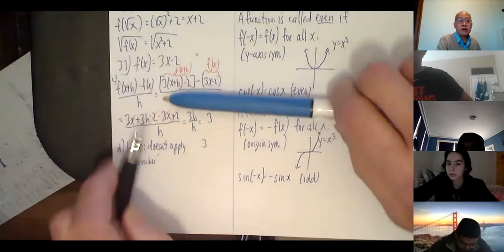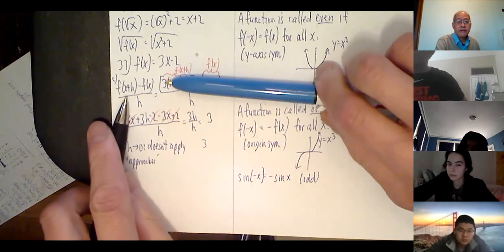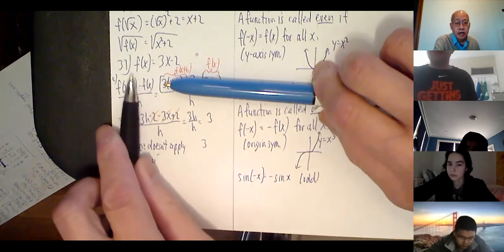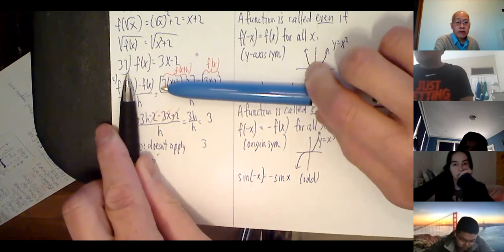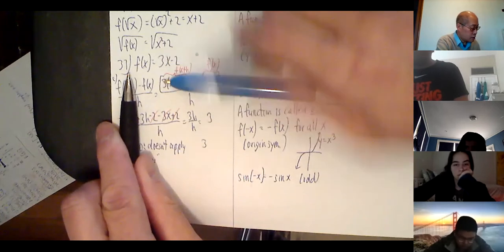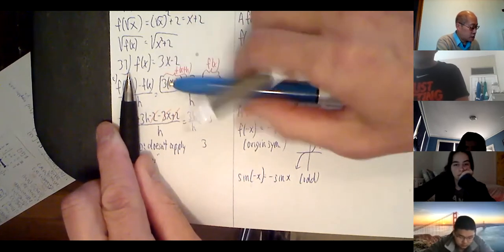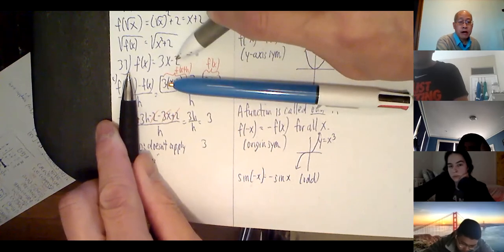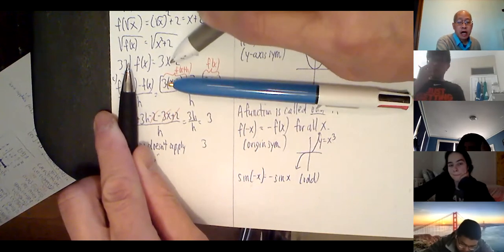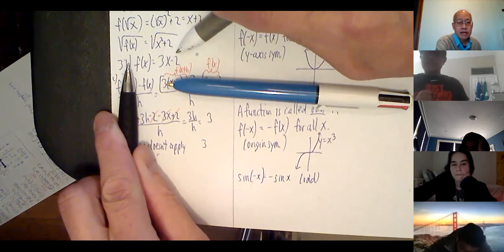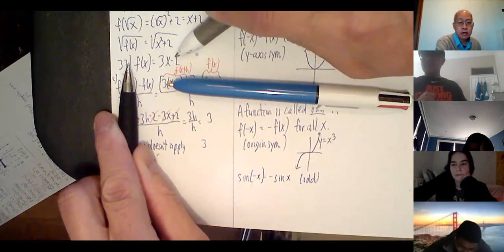Okay. Now the hard part is f of x plus h. Okay, so the way functions work again is, let me cover it up. Whatever is behind my black pen goes right here in parentheses. So behind my black pen, if it said 7, I would go 3 times 7 minus 2. If it was E, 3E minus 2.